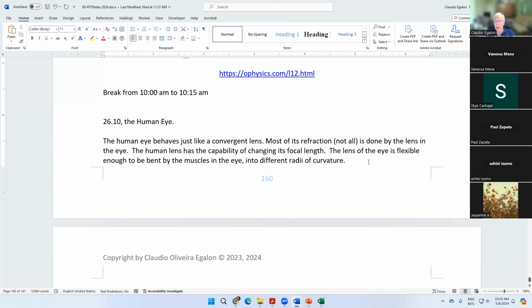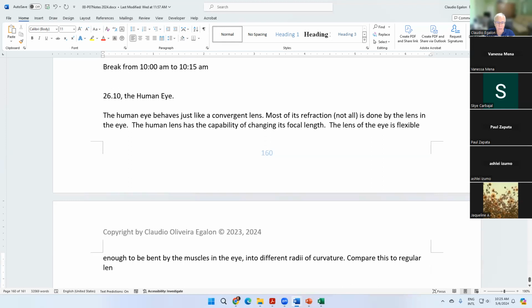So regular lenses out there cannot do that. Regular lenses made of glass and plastic are too rigid for you to change their radius of curvature. Compare this to regular lenses that are sold in the market.